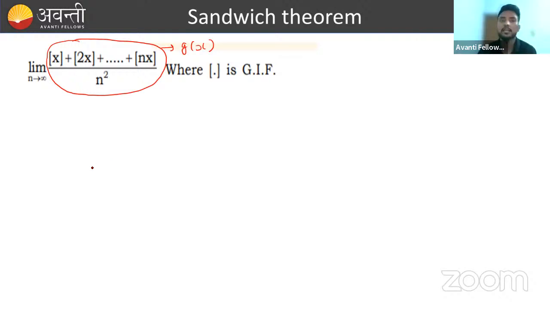So I know that the greatest integer function of x is what? x minus 1 and x. Sorry, again, I am doing that. x, and this is x minus 1. Right.